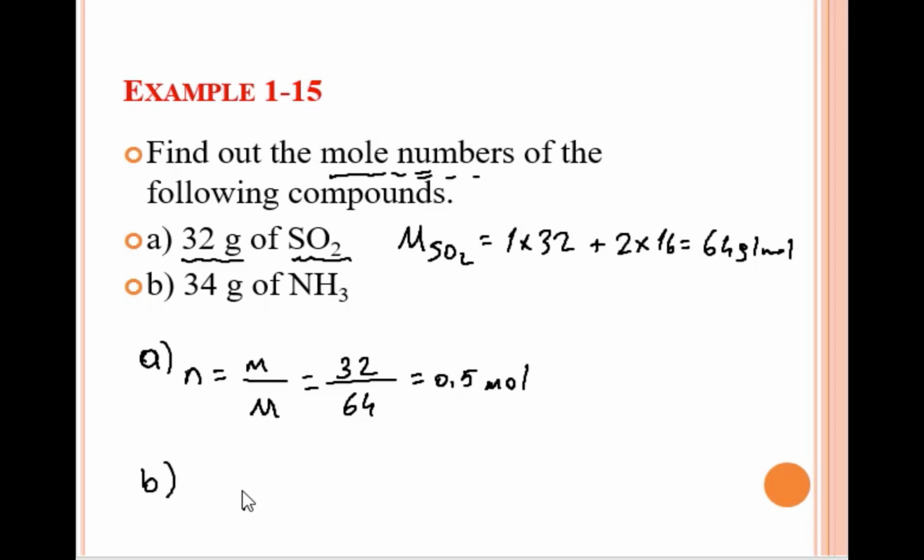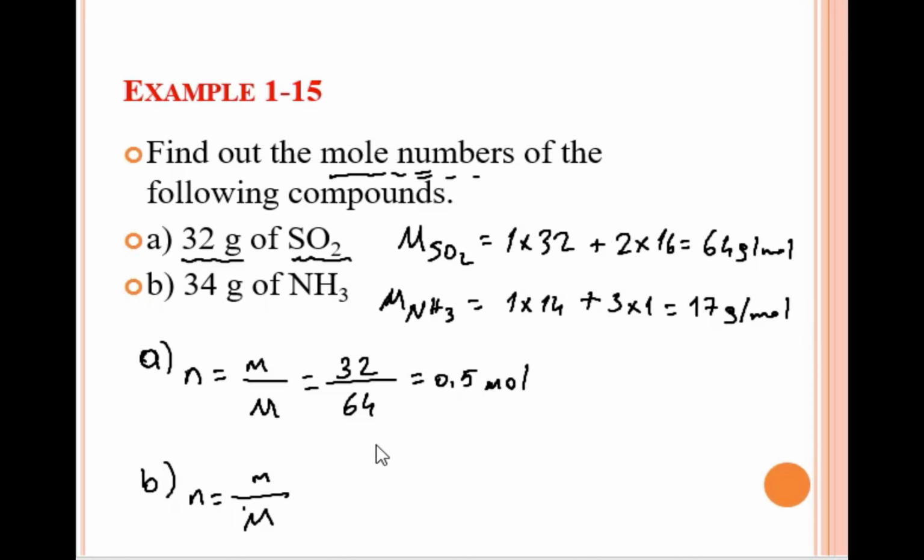For the second one, mole is mass over molar mass, and we have to calculate the molar mass of ammonia. 1 times nitrogen, nitrogen is 14, plus 3 times hydrogen is equal to 17 gram per mole.